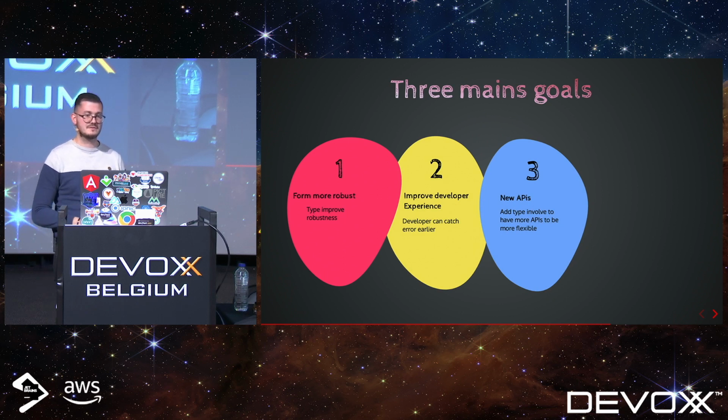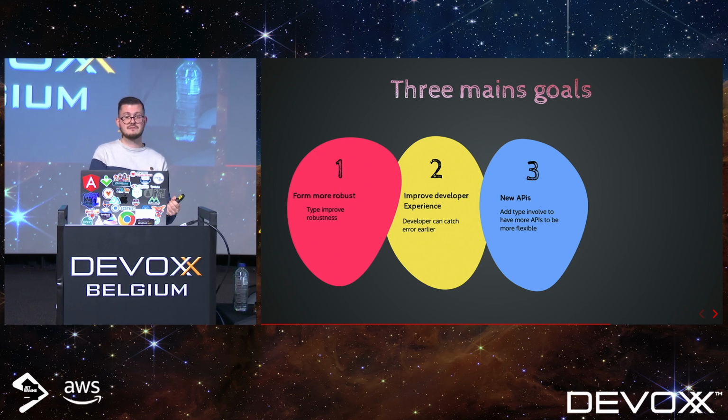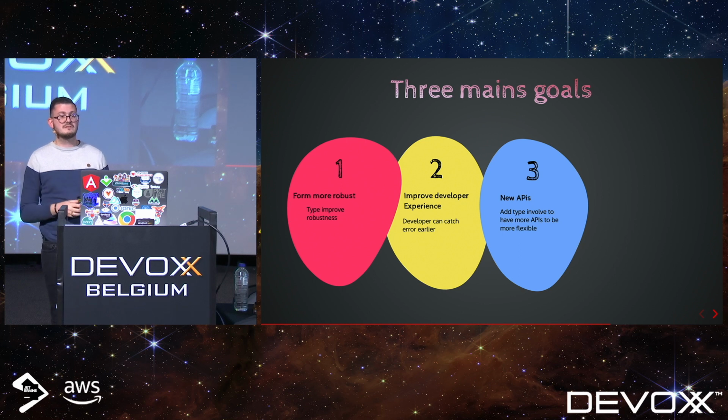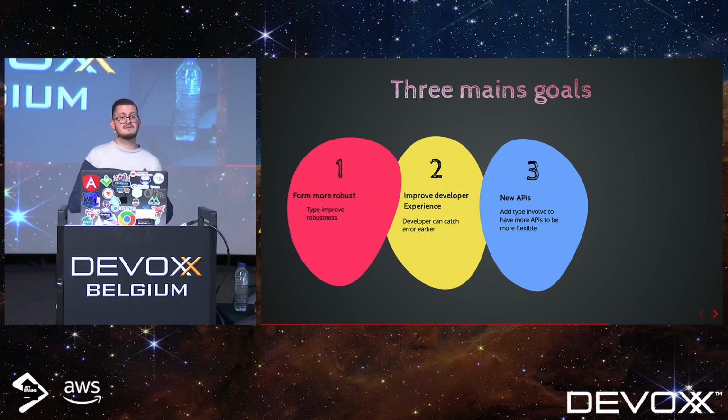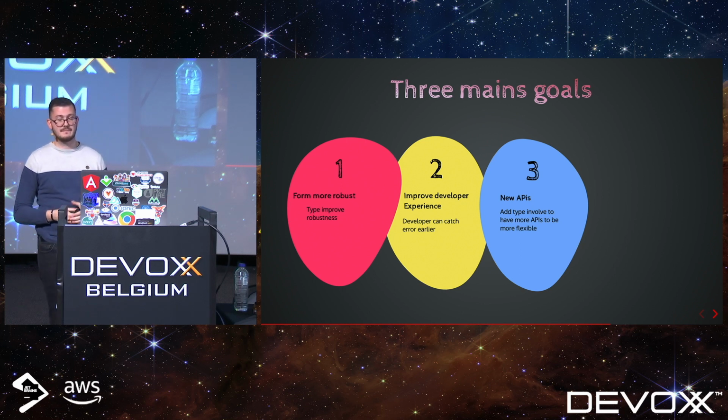So the main goal of that is to improve the robustness of our code. And if we improve the robustness of the code, you will improve the developer experience. Okay? Because now the developer can catch errors easier and earlier. It's not necessary to wait for the build to catch an error.